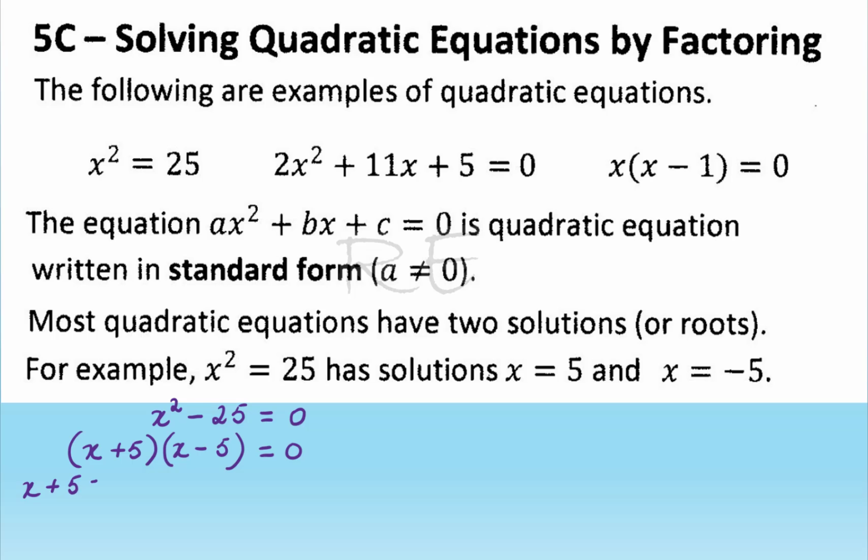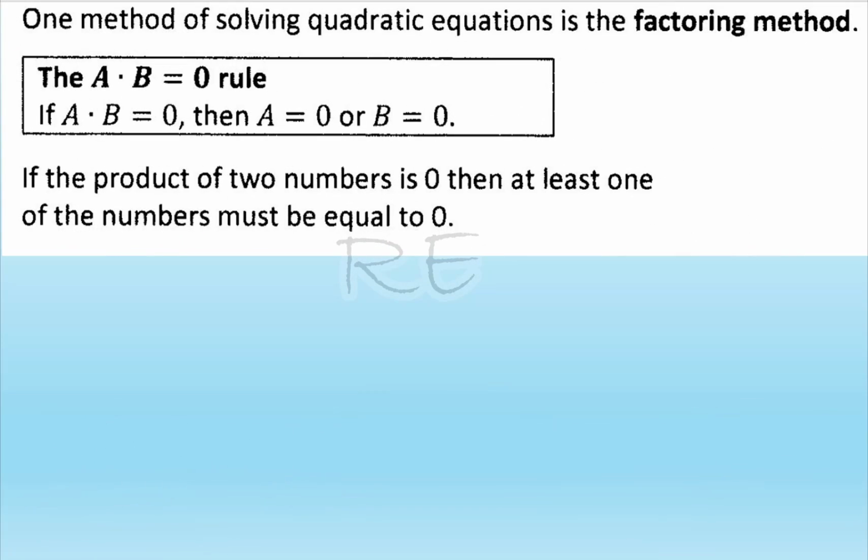We set each factor equal to 0. x plus 5 equal to 0, we solve it, x is equal to negative 5. Or x minus 5 is equal to 0, we solve it, x is equal to 5. Thus, the two solutions: x equal to 5 and x equal to negative 5.